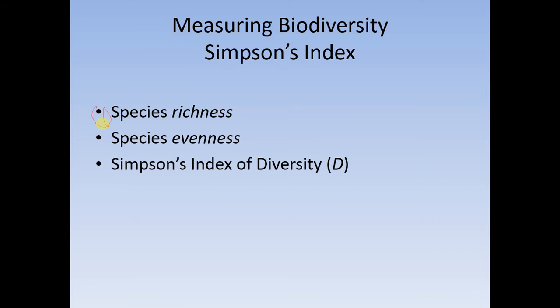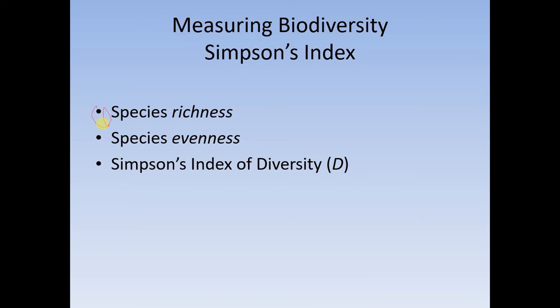A very diverse community is resistant to change. If a natural disaster or some sort of environmental change occurred, a very biodiverse community would be able to resist that change and deal with it a lot better than one that wasn't as diverse.